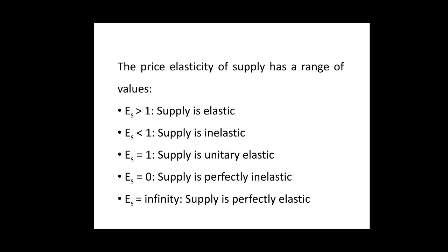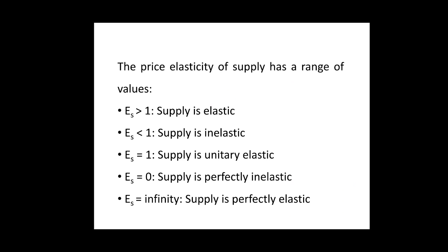Elastic goods are usually viewed as luxurious items. Now coming to second case of price elasticity of supply, which is elasticity of supply is less than 1. So dear students, when elasticity of supply is less than 1, supply is said to be inelastic, and in this case a given percentage change in price leads to a smaller percentage change in quantity supplied.